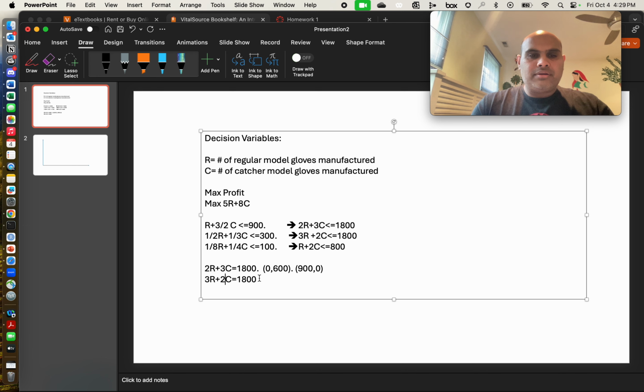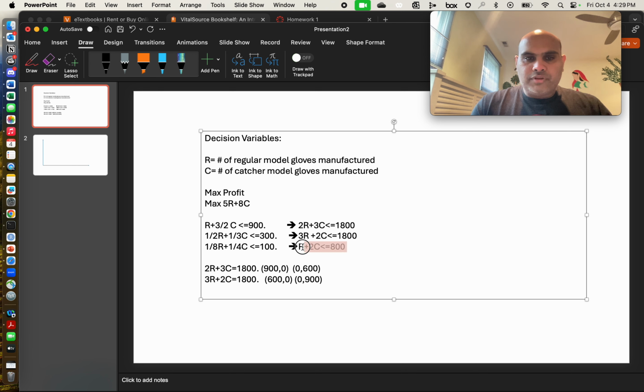I'm just going to move these around. I like having the x coordinate first. Sorry, the x intercept first. There you go. So those are the endpoints for the first two.